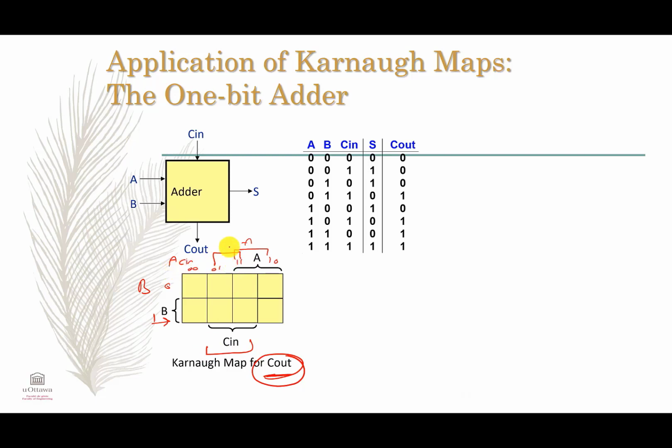Now what I have to do is fill my empty squares with just the ones. Here my Cout will be equal to 0 at all of them, so I will put 0. And here my Cout is equal to 0 at 0, 0, 1, so I'm gonna put 0 here.